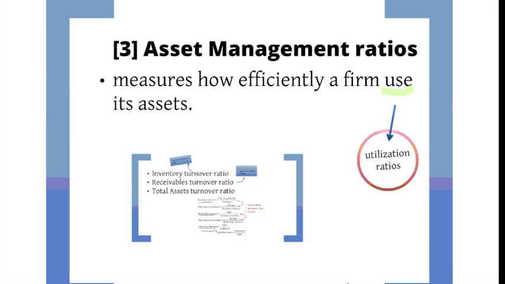Third area we can measure is how efficiently the firm can utilize its assets. Remember the word utilize. That's why the ratios are also known as utilization ratios. Some good examples would be inventory turnover ratio, receivables turnover ratio, total assets turnover ratio.